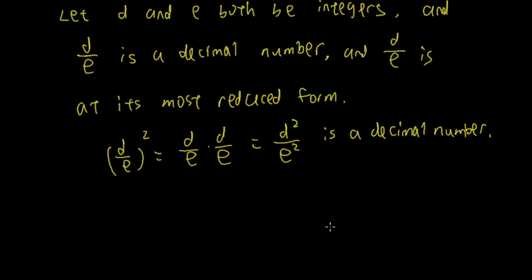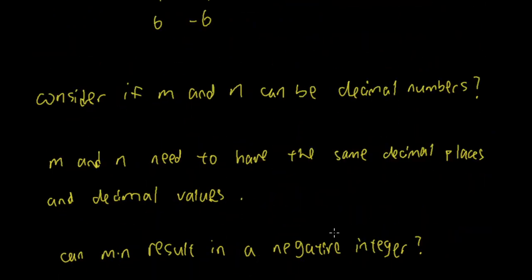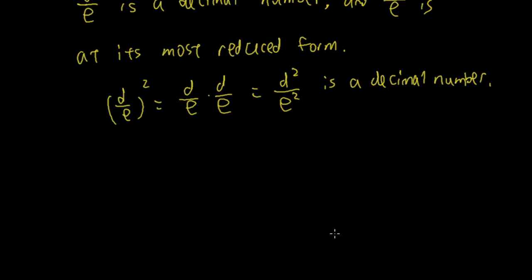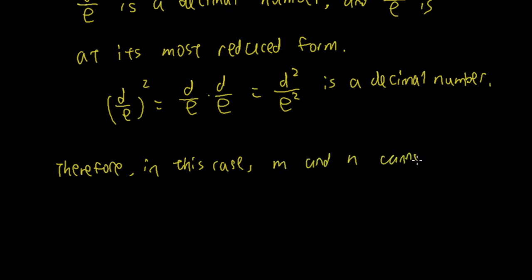Okay, so what does that tell us? Therefore, in this case, m and n cannot be decimal numbers.